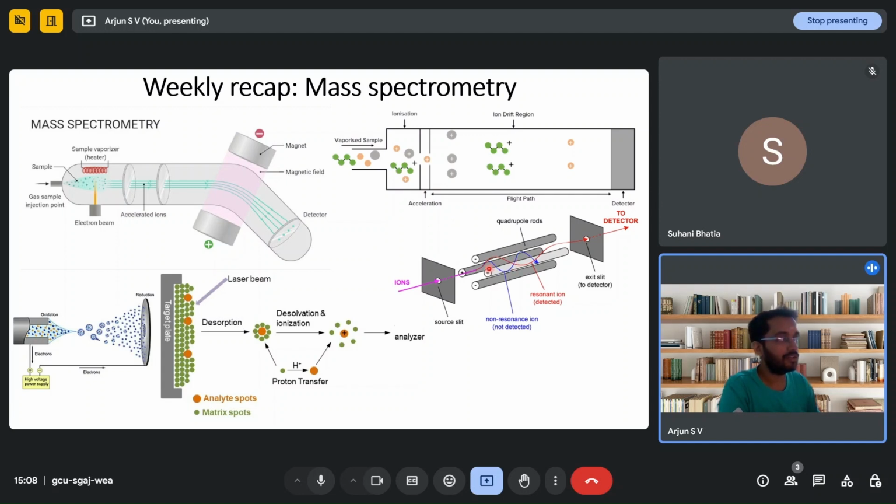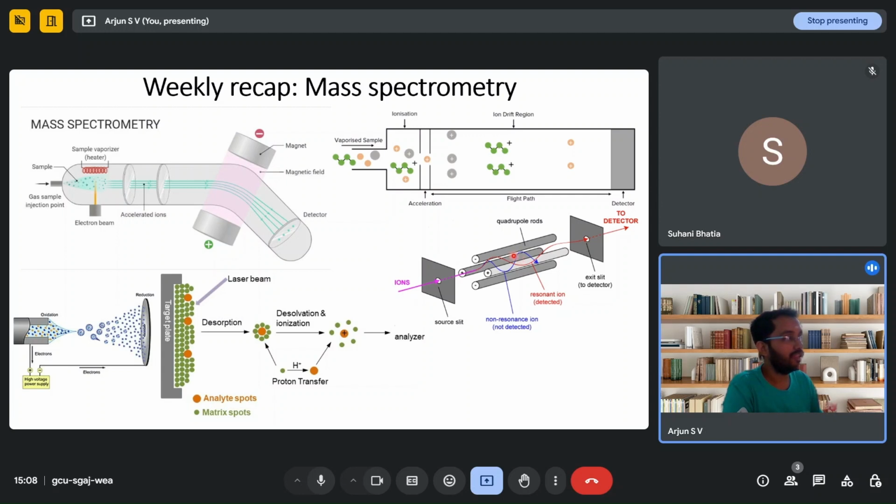So let's just say our ion of interest has 1600 grams per mole or 1600 daltons if we are going to talk about proteins. So let's just say our set of amino acids or peptides has a molecular mass of 1600 daltons.